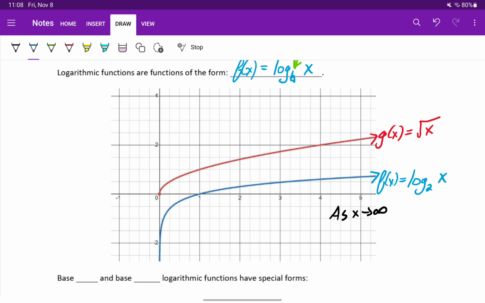They're not shooting off to infinity, but they are going to continue to take on larger and larger function values. So as x approaches infinity, f of x will be approaching infinity. And as x approaches infinity, g of x will also be approaching infinity at a much slower rate than what we've seen with exponential or power functions.